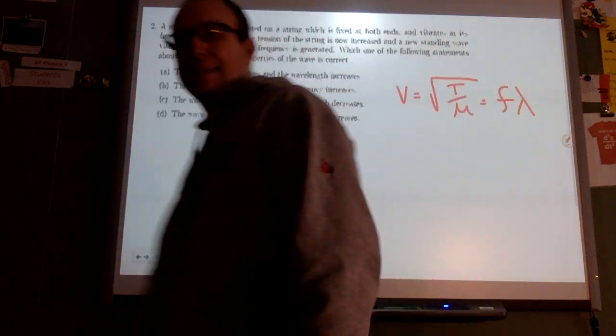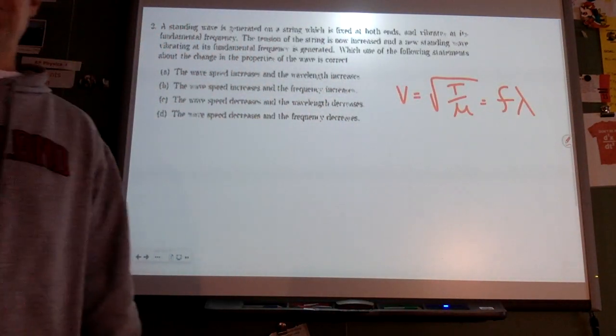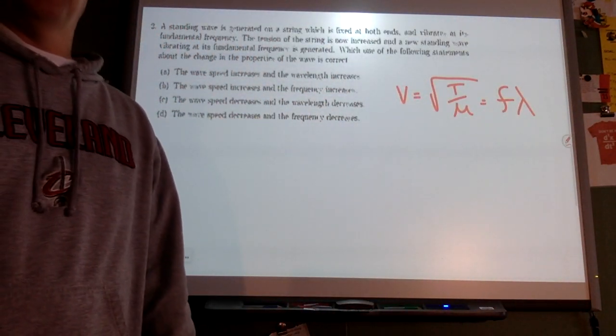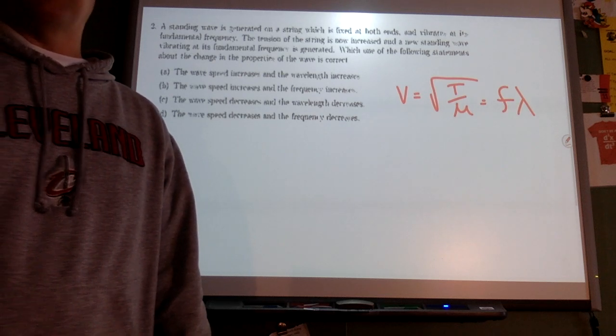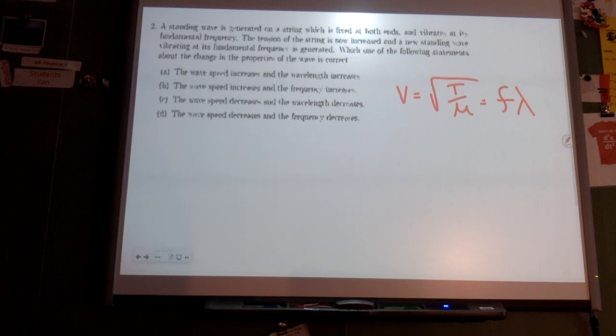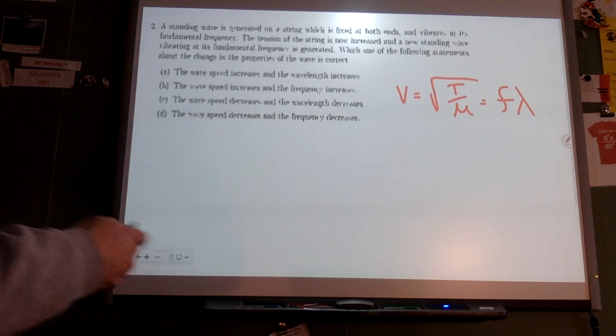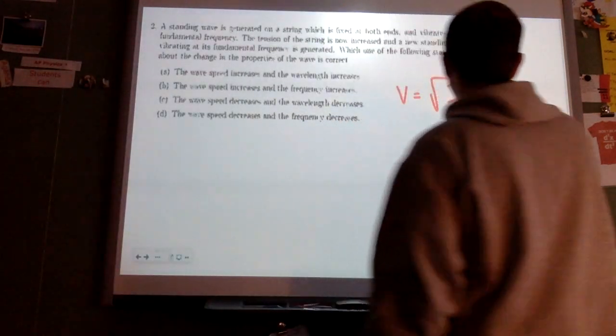So velocity is equal to the square root of the tension divided by the linear mass density. It's also equal to frequency times the wavelength. So I'm increasing the tension. So this is going up.